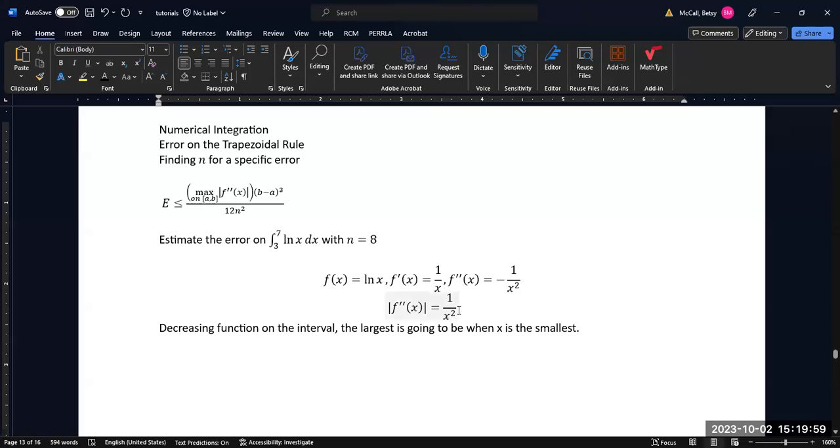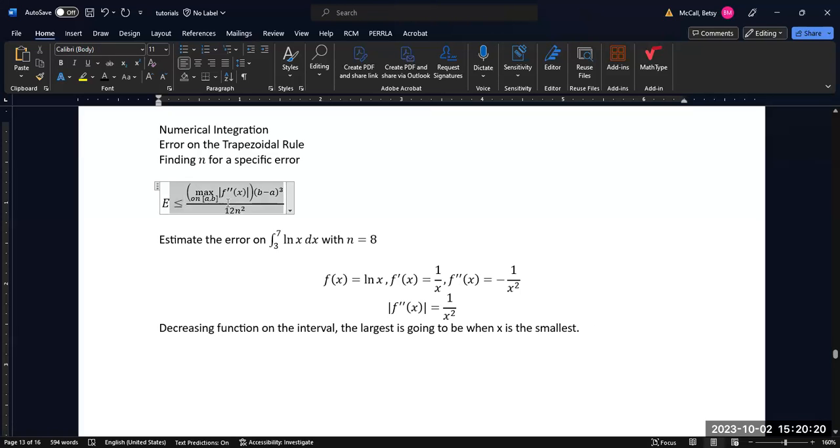If you were looking for a critical point, let's say in between 3 and 7, you would have to take the next derivative and set that equal to 0 to see where that might occur. But in this case, we have a decreasing function, and so the maximum is going to occur when x is 3.